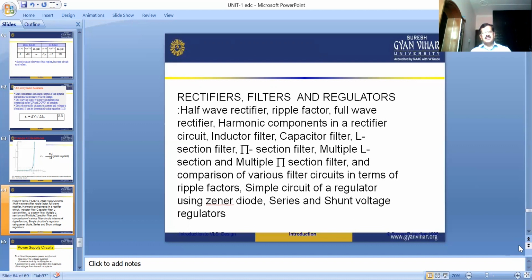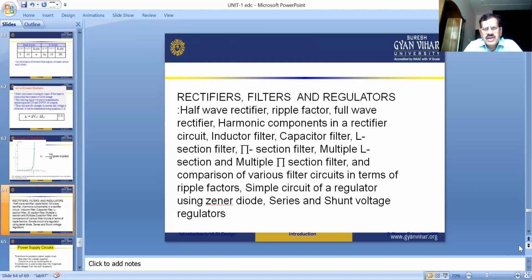Basically, in rectifiers, the AC signal is converted into a DC signal, or AC voltage is converted into DC voltage with the help of rectifiers. Basically, diodes are used to construct a rectifier device.